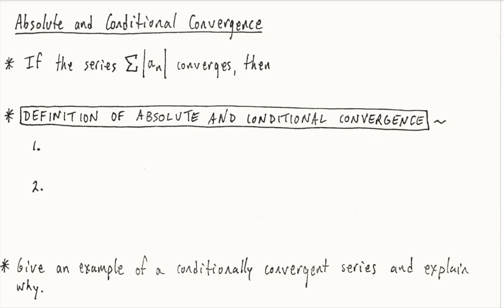Hello again. We're going to continue with our look at alternating infinite series. The first time around, we talked about how to check for convergence with the alternating series test, where an alternating series converged if the magnitude of the terms of the series, the part that's not causing the alternating sign, headed to zero and the terms were monotonically decreasing eventually.